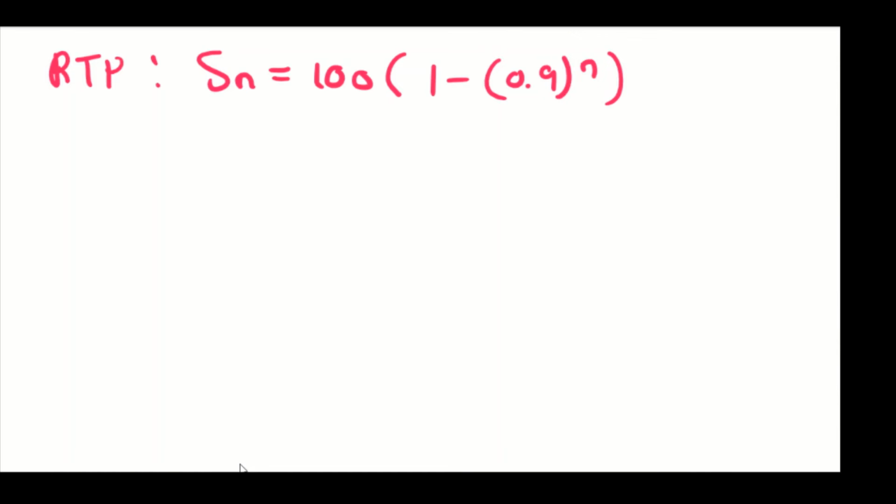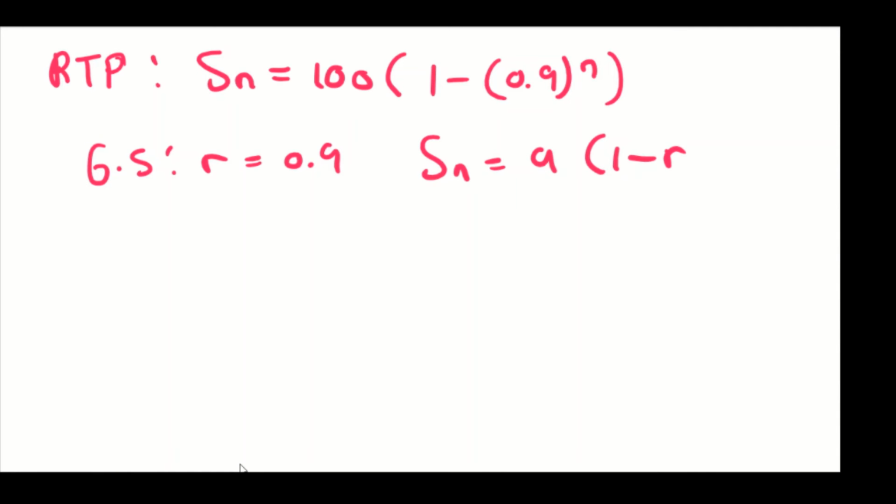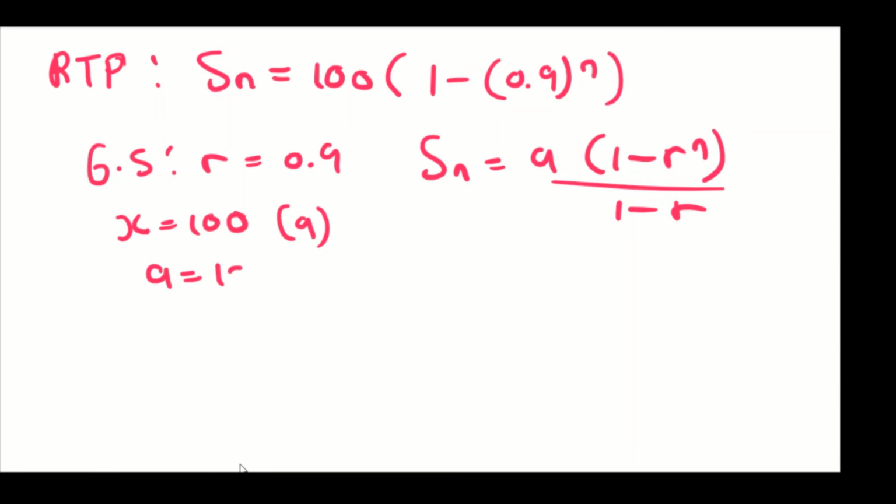Okay, so for us to prove this, we know very well that in our geometric sequence, r is equal to 0.9, and our sum is equal to a into 1 minus r to the power of n divided by 1 minus r. So we need to identify the value of a, of which x is equal to 100, which is the value of a. So basically a is equal to 100.